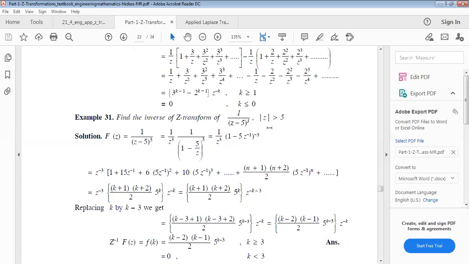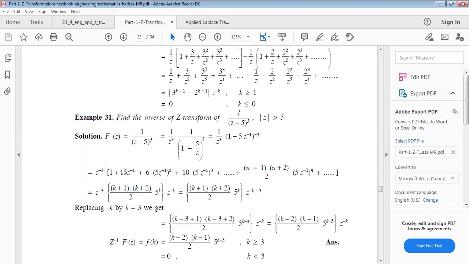But this polynomial can be expressed using the binomial theorem. How? 1 plus 3c1, 3c2, 3c3, in this way.